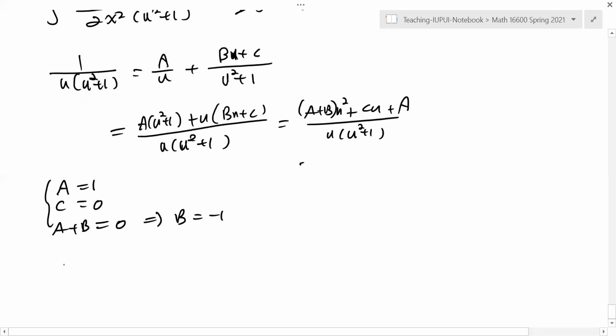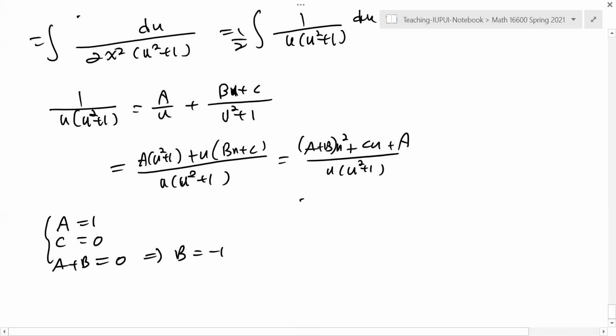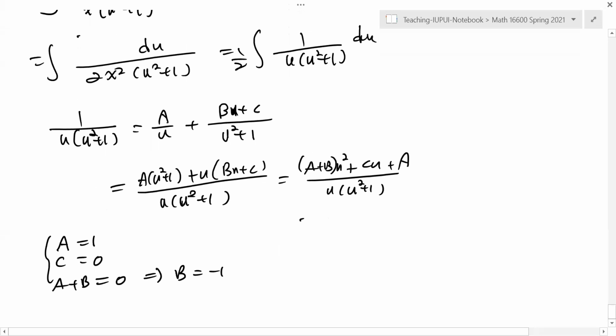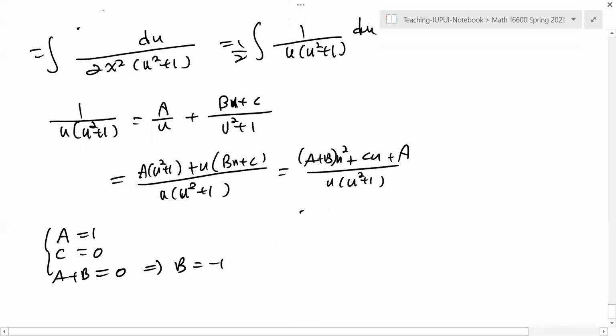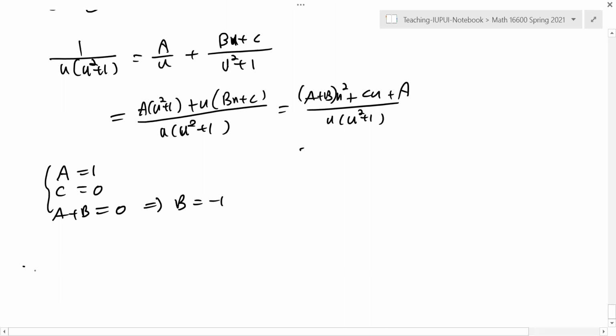All right. So we have A and B, right? And C is 0. So the above integral becomes, A is 1, and B is -1, so it's u squared plus 1. What do we get?